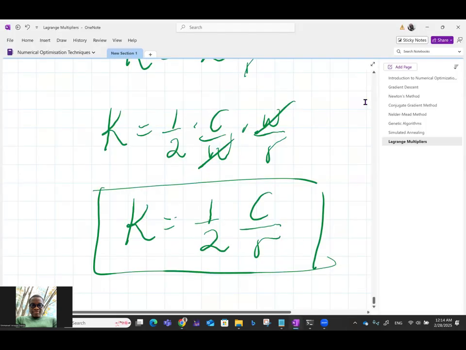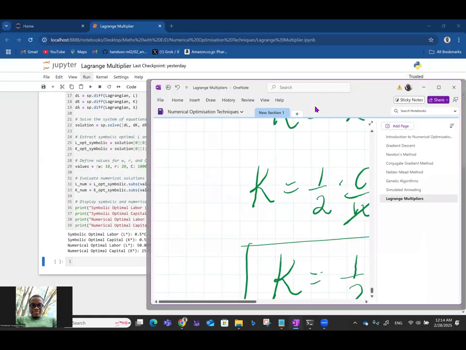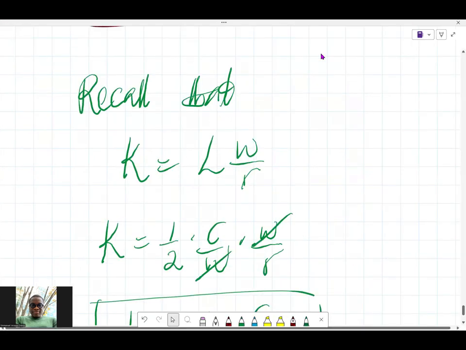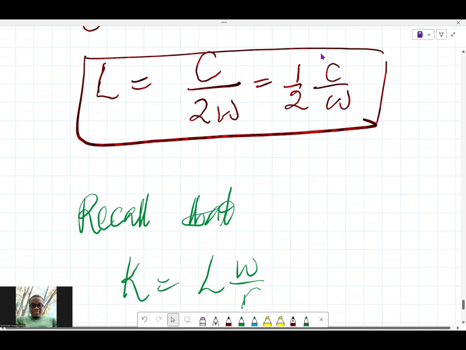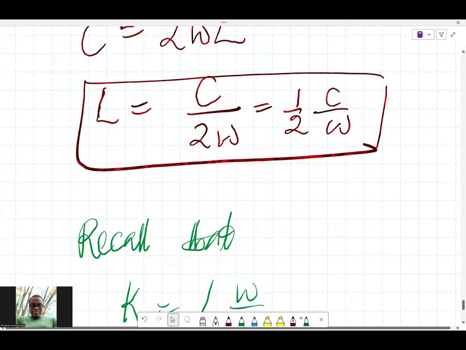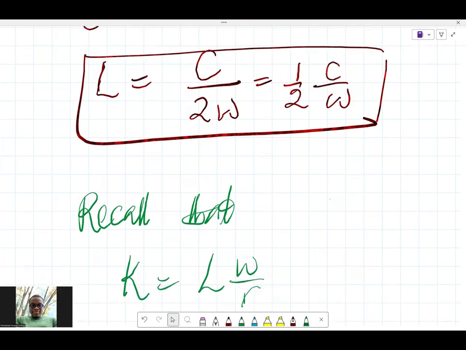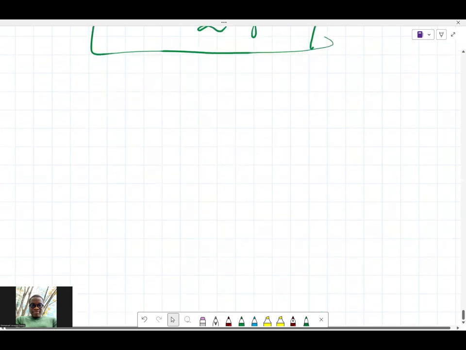And then, of course, we can come back here and see how that works. So again, we know L is 1 over 2 C over W, right?